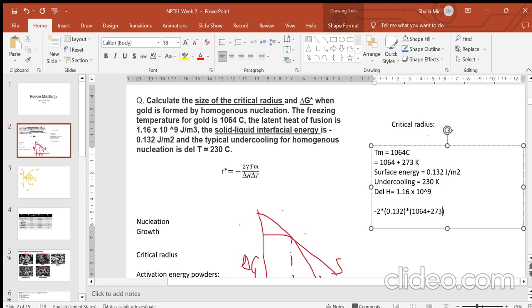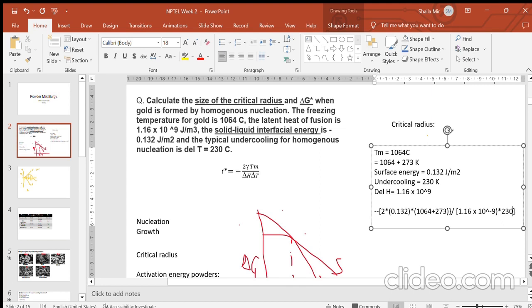That will be divided by, because we have this solid interface energy is negative, so it will be negative times delta H. The value of delta H will be 1.16 into 10 raised to power 9, into the value of undercooling, which is 230.